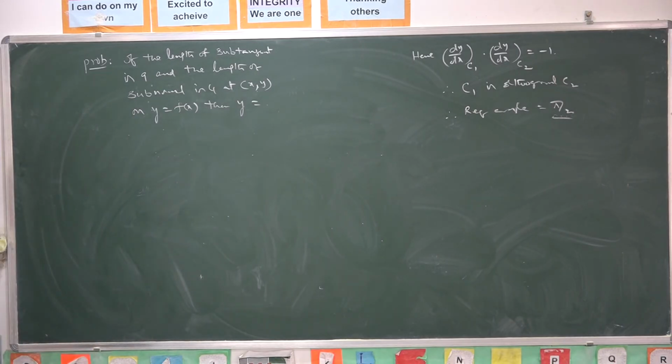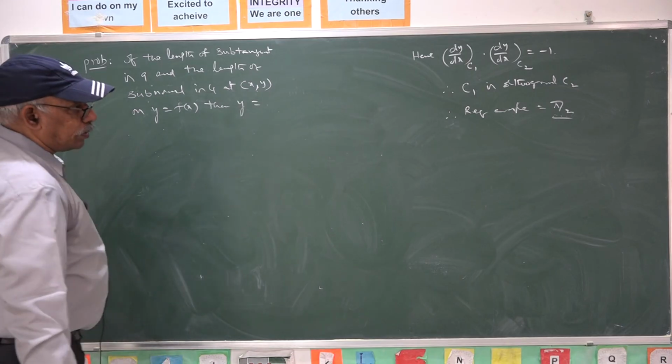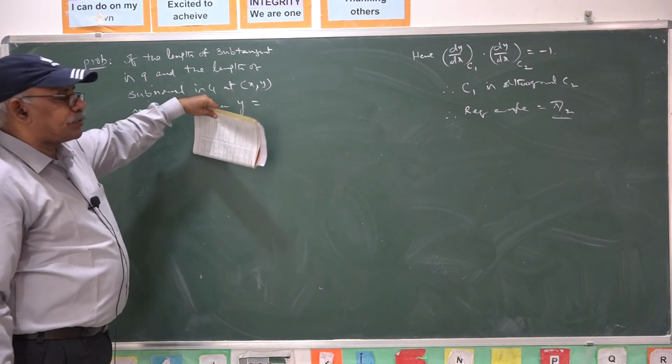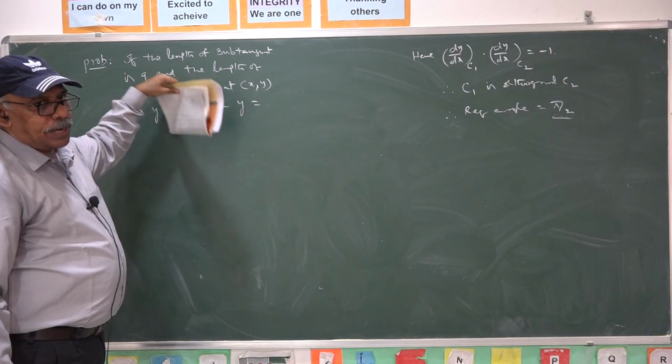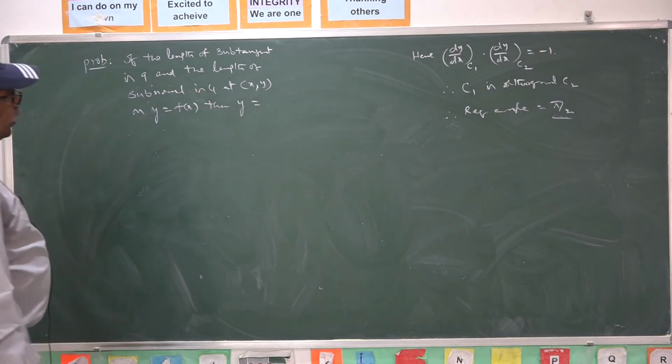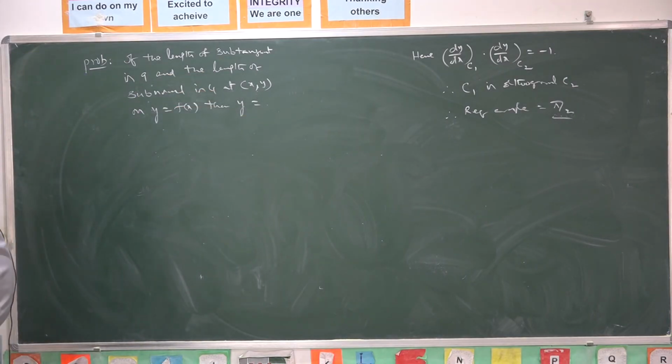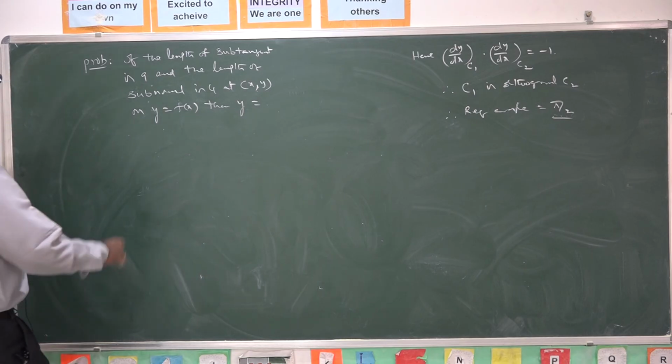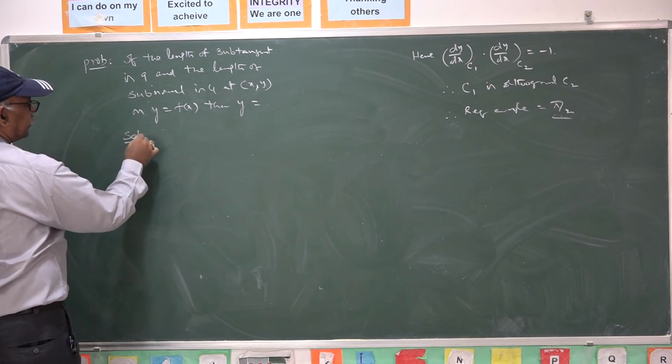If the lengths of the subtangent and subnormal are given, one is 9 and the other one is 4 at a particular point x comma y on the curve y equal to f(x), then find the y value, the y coordinate.